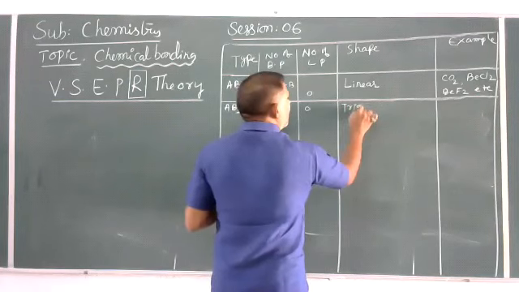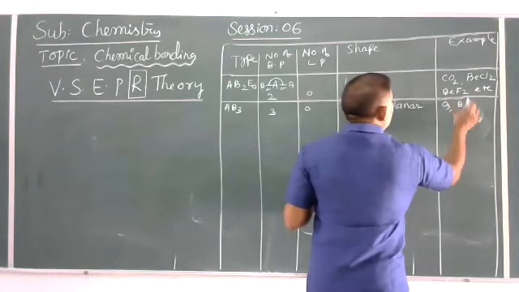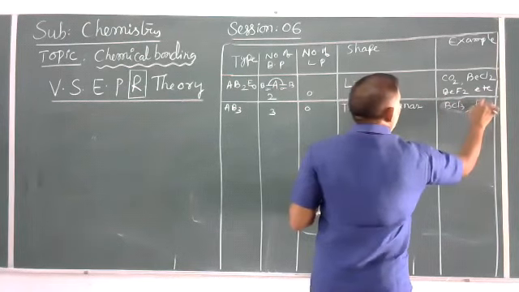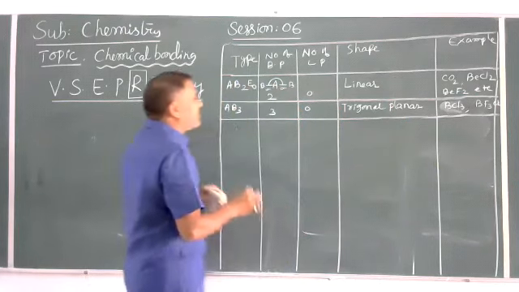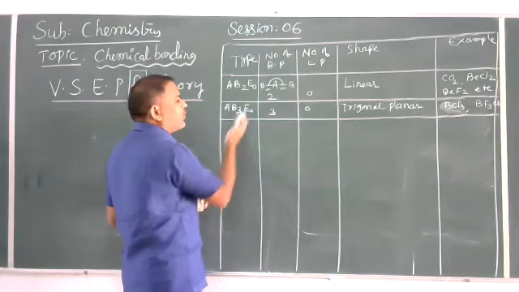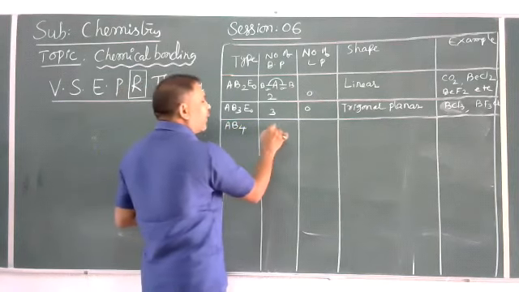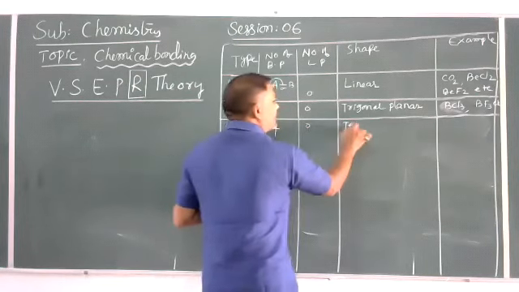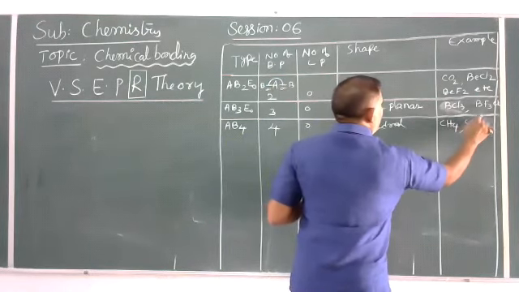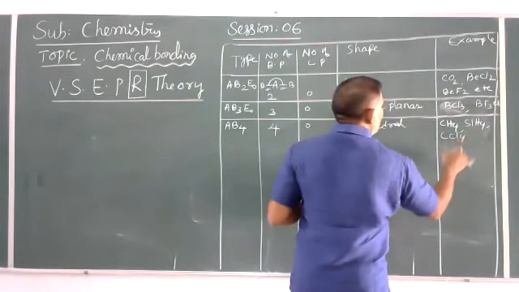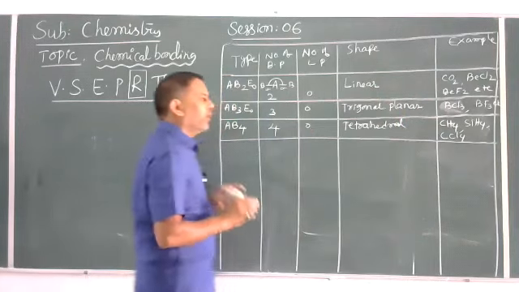The shape is trigonal planar, like BCl3, according to VSEPR theory. Now the AB4 molecule: 4 bond pairs, lone pairs 0, and the regular shape is tetrahedral, like CH4, SiH4, CCl4 carbon tetrachloride, and all alkanes, where each carbon atom has tetrahedral shape with 4 bond pairs.